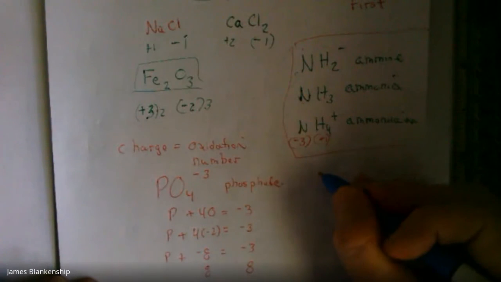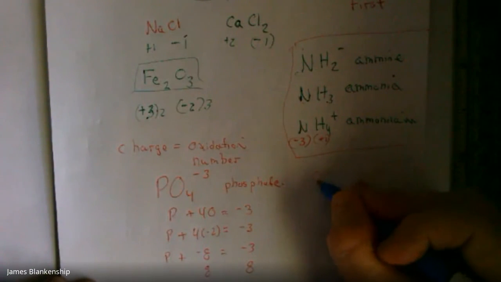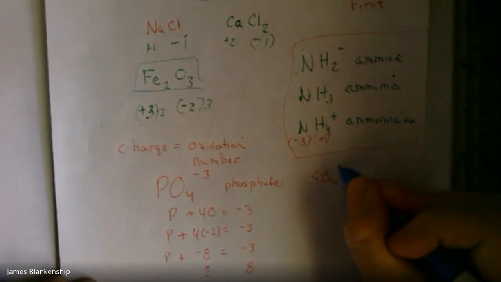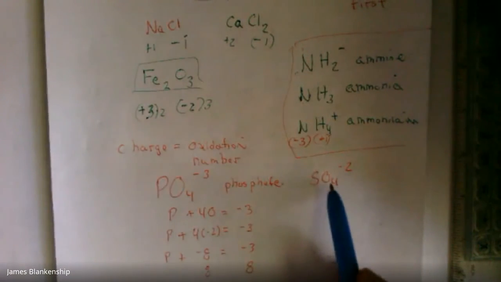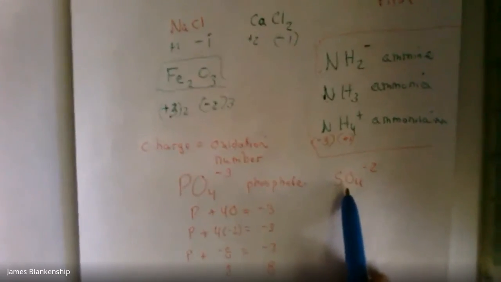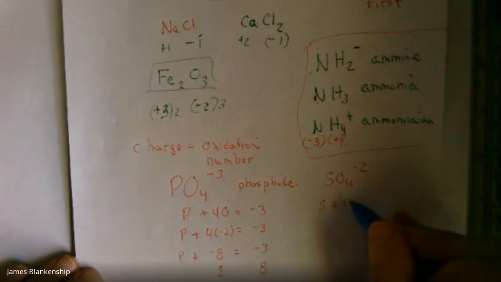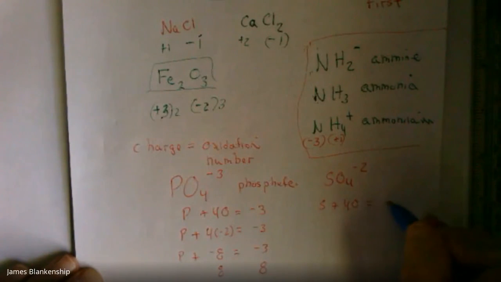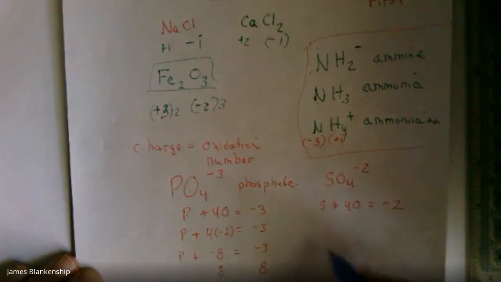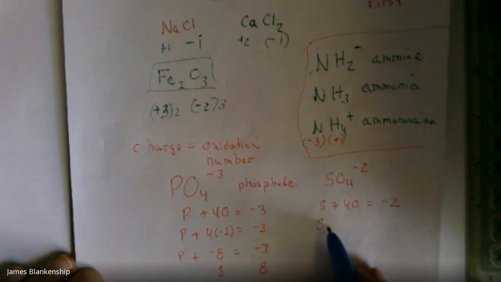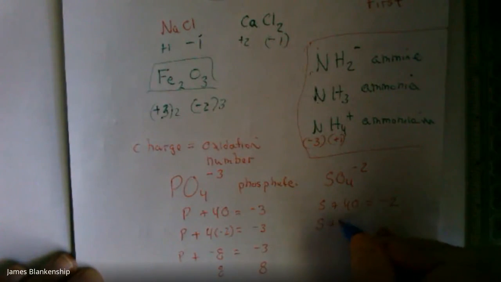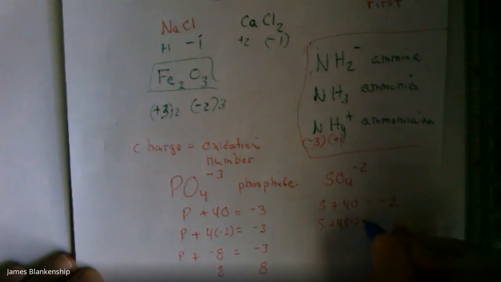We can do the same thing with another very common polyatomic ion, also one that you're going to have to memorize, sulfate. We can say sulfur plus 4 oxygens gives us a -2. We don't know sulfur, that's the one we're looking for, but we do know the oxygen, with one exception that I'm going to tell you in just a second, is always a -2.